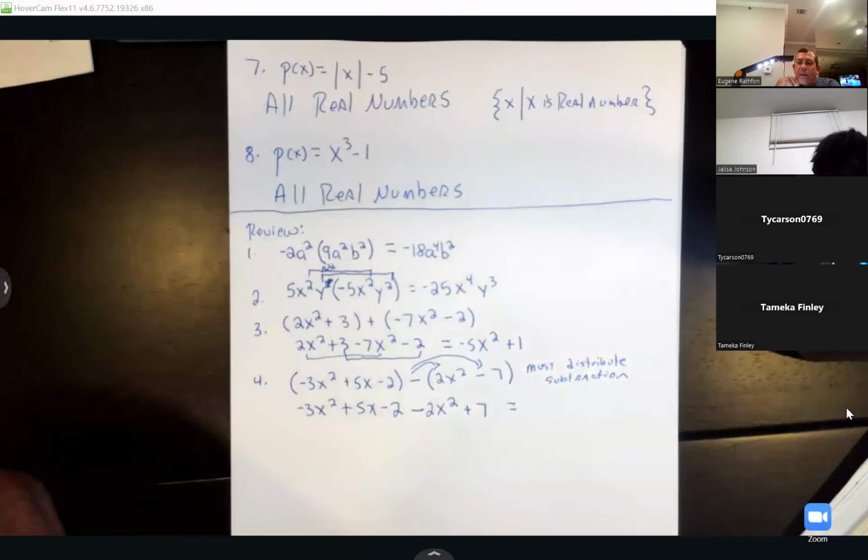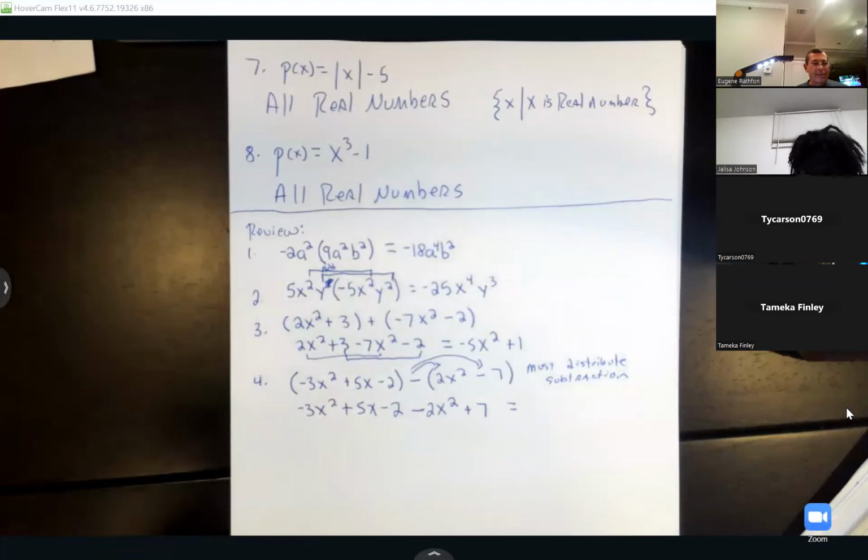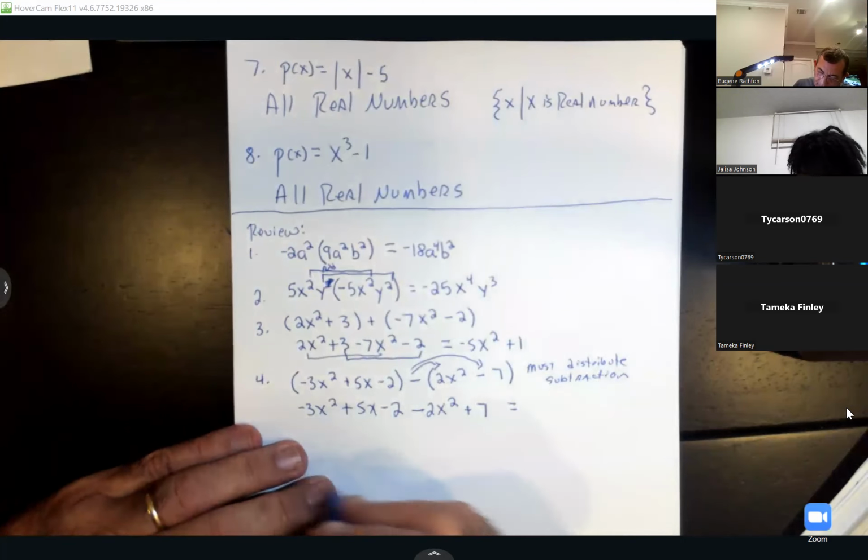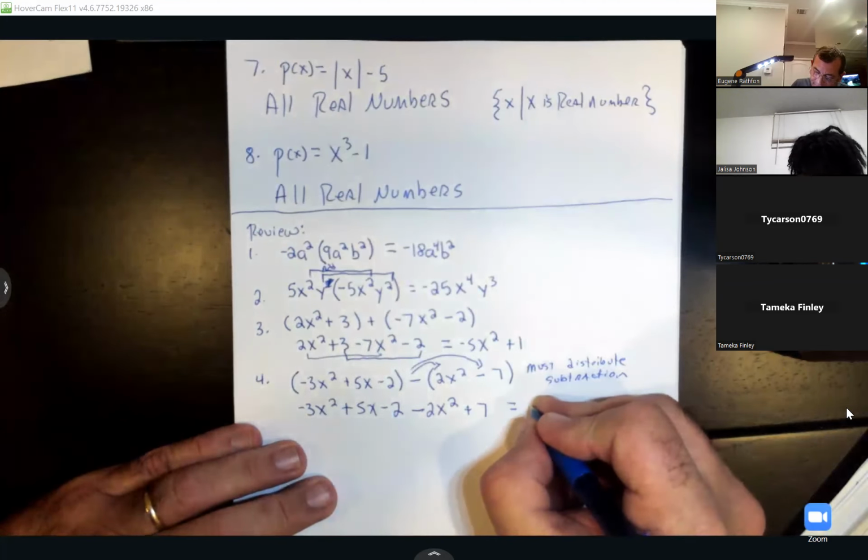All right, y'all. So how about this? Can you go further? Yes, combine like terms. Yes. All righty. So what y'all getting?